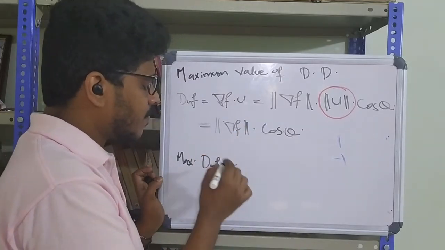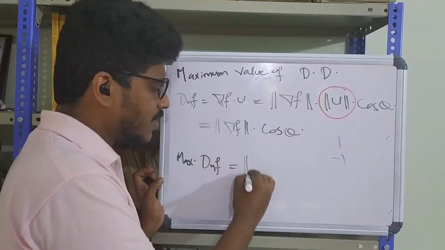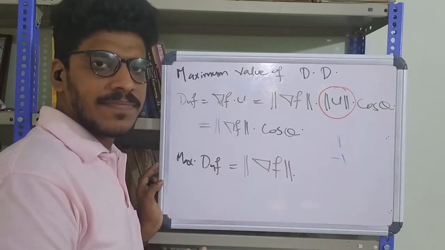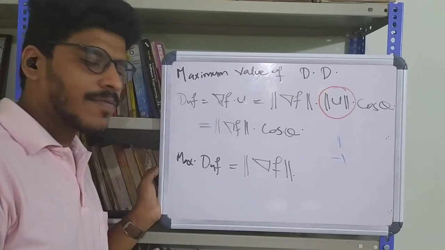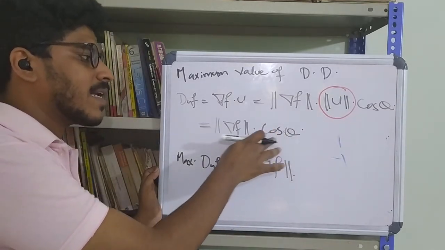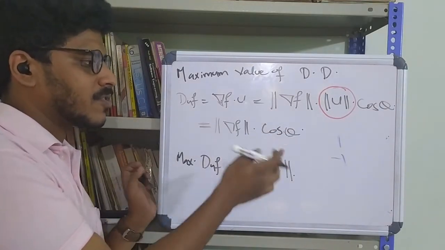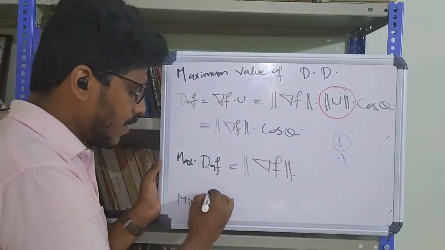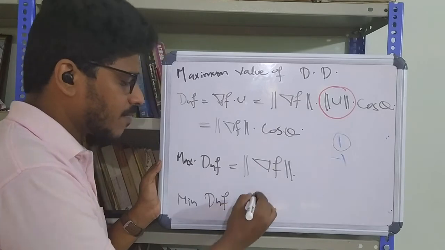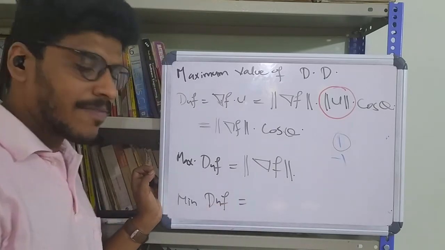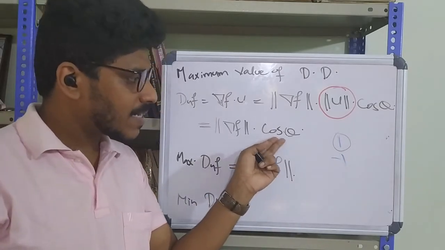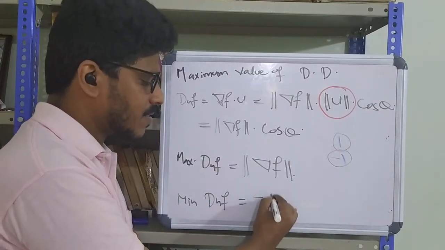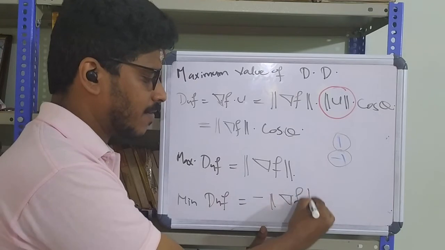So the maximum value of the directional derivative of f is the absolute value of the gradient, since that's the point where cos theta assumes its maximum value 1. The minimum value of the directional derivative of f occurs at the point where cos theta takes its minimum value minus 1, so it will be minus the absolute value of grad f.